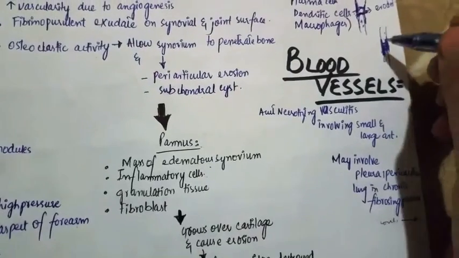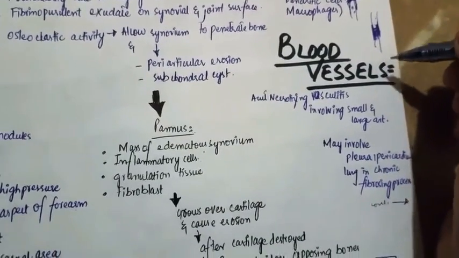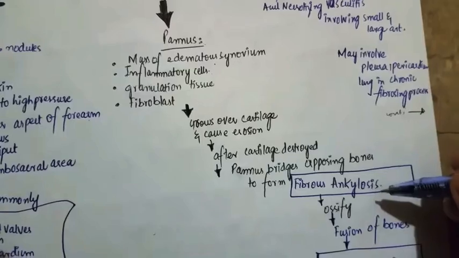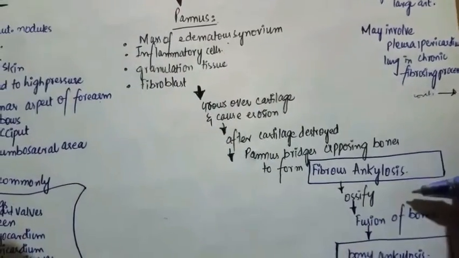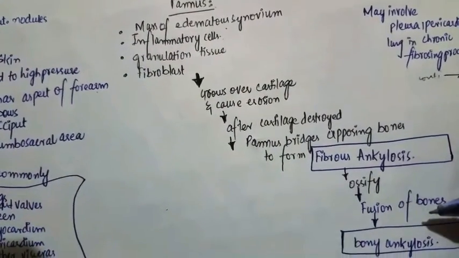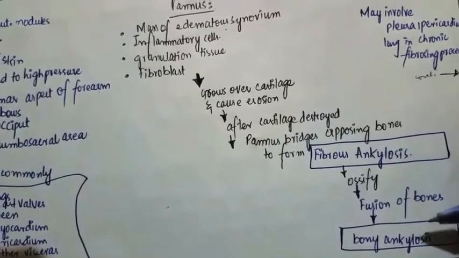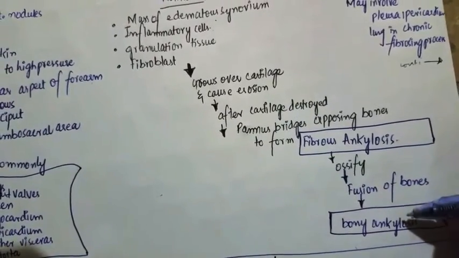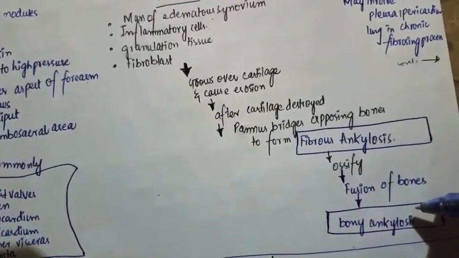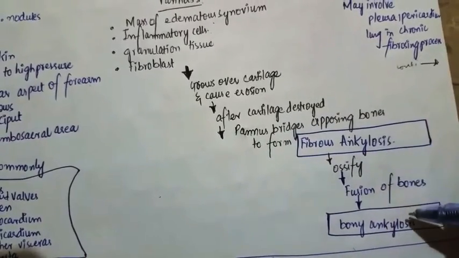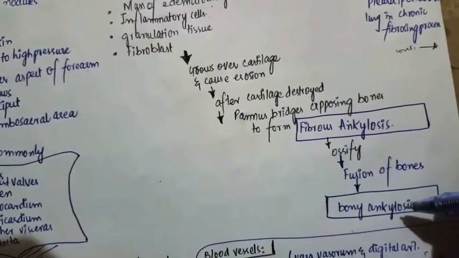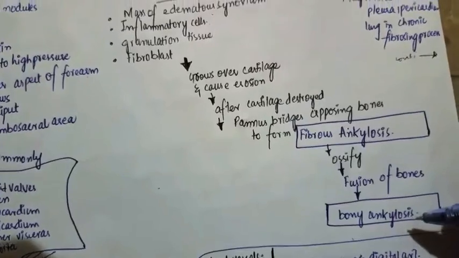When there is bridging of two opposing bones with the help of fibrous tissue, it is known as fibrous ankylosis, and this fibrous ankylosis will become ossified and lead to permanent fusion of the two bones. This permanent fusion due to calcification or ossification of the fibrous ankylosis leads to the formation of bony ankylosis.